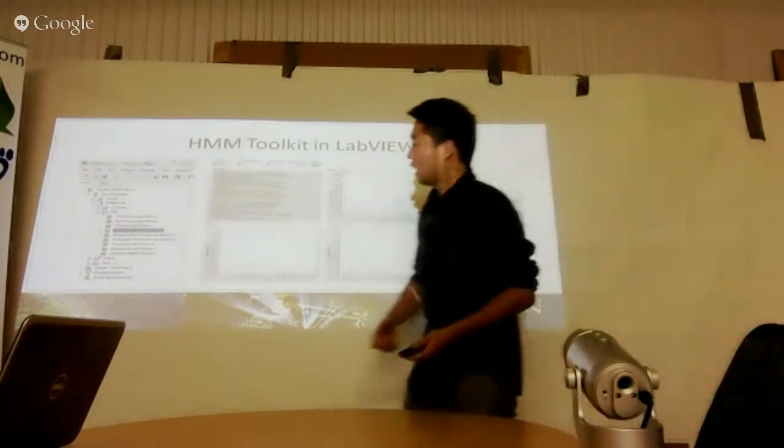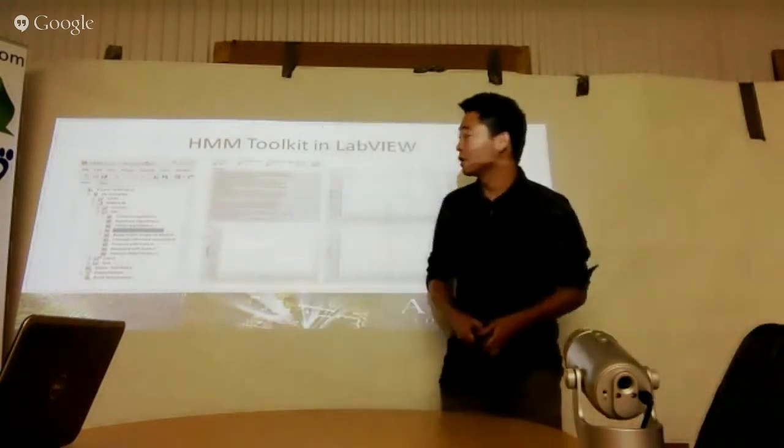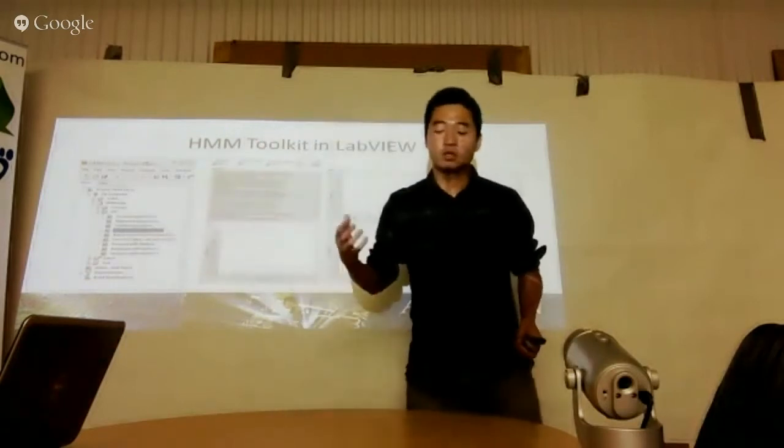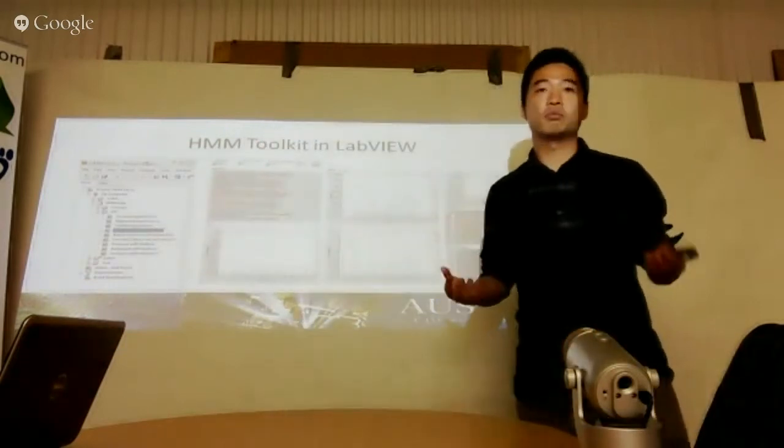So I created a LabVIEW library, and here you can see the API. That is the method you call to address the three problems.